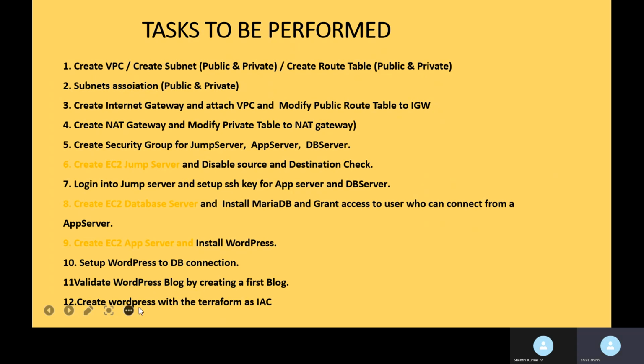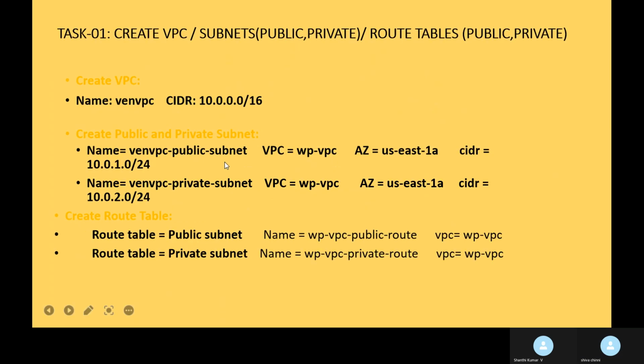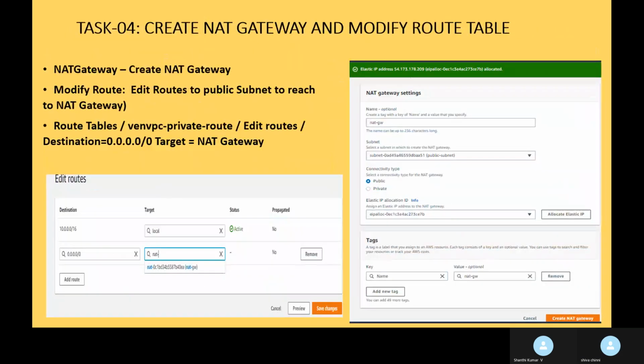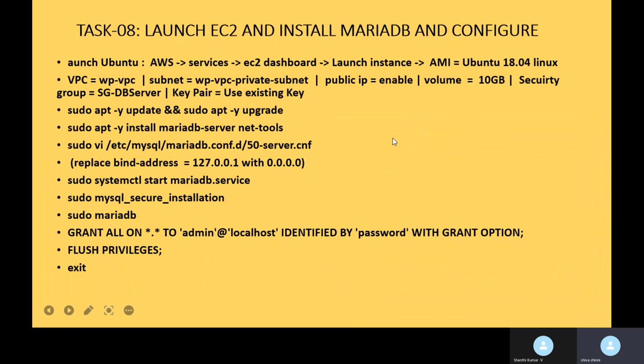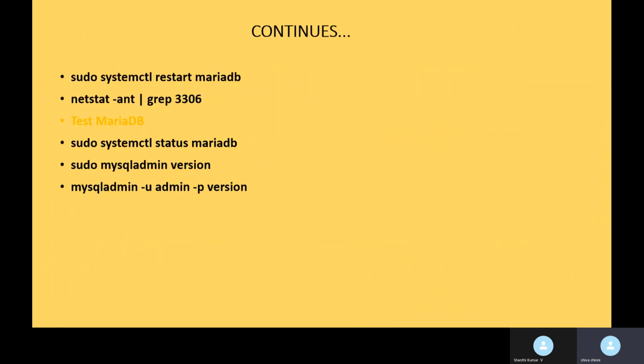Finally, we need to create the WordPress application with Terraform as an infrastructure as code script. So these are the tasks manually. Now with the automation script. So these are all the manual steps.